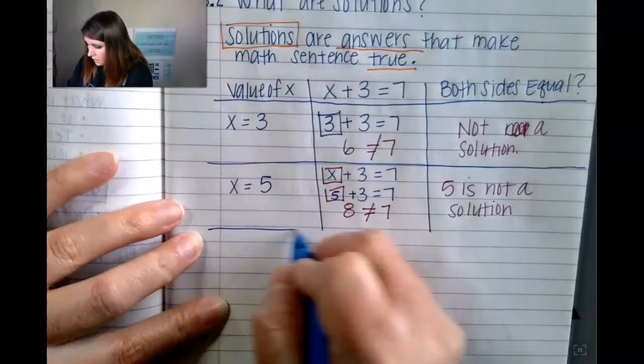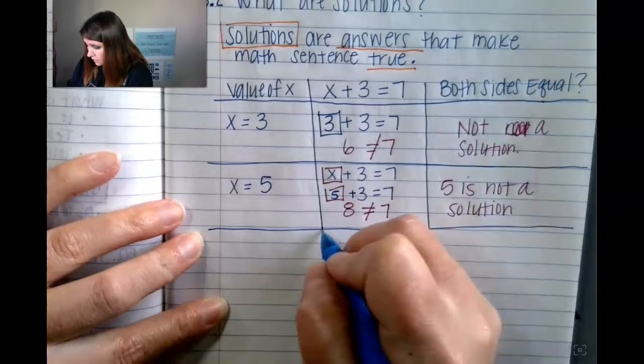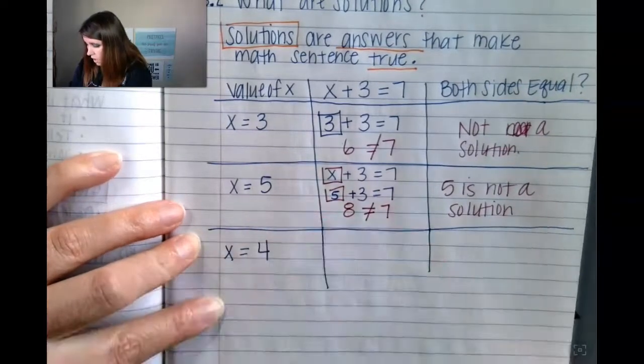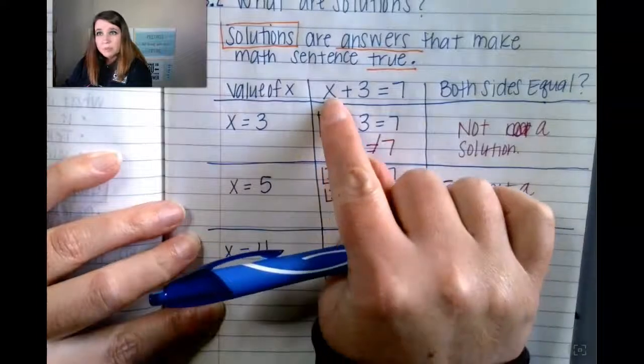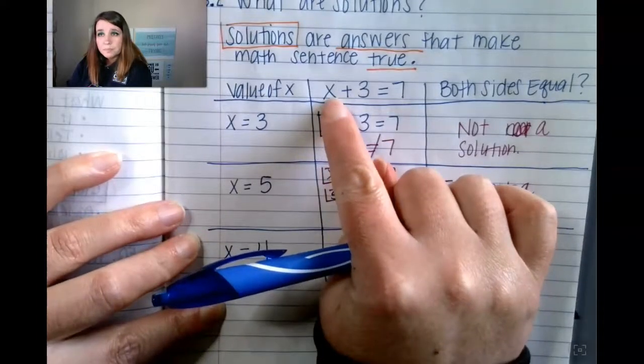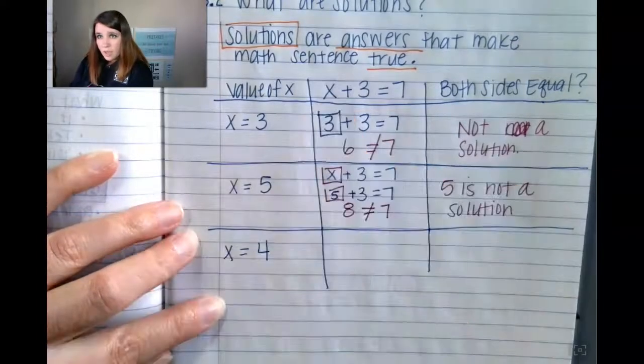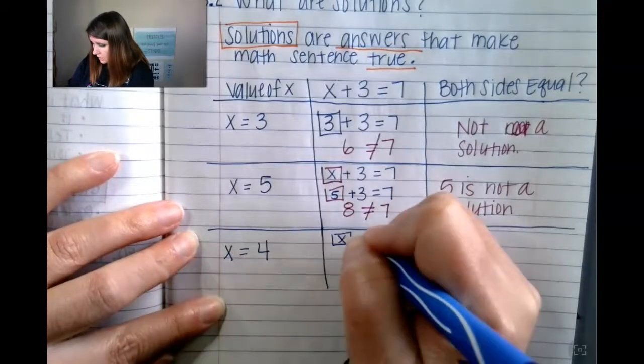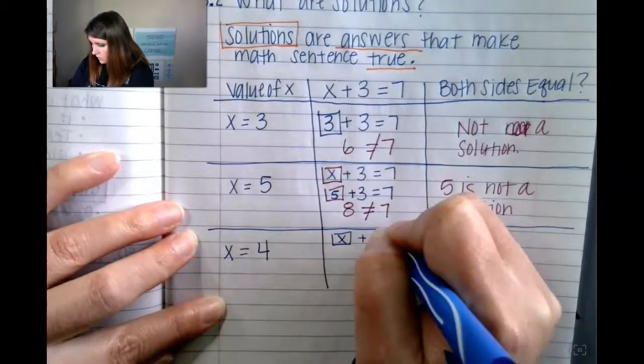Okay, now let's look at this. Let's say that they tell us that x equals 4. So again, we're back up here to our regular equation, x plus 3 equals 7.